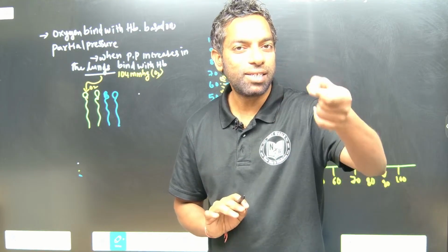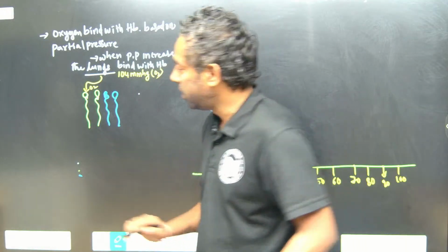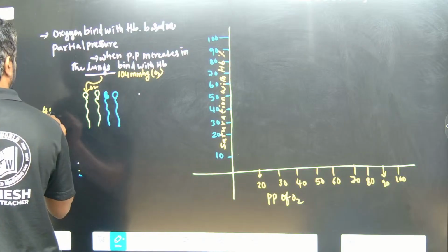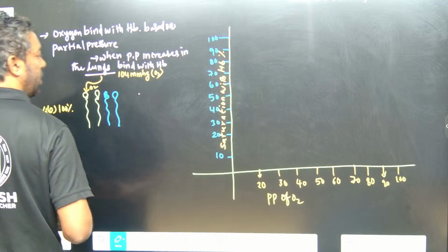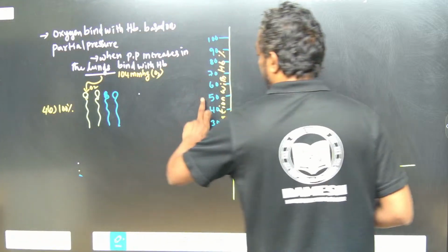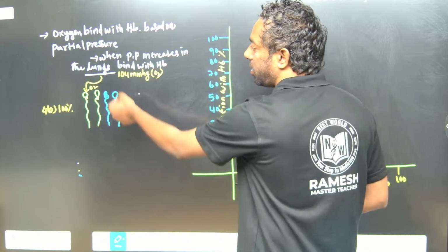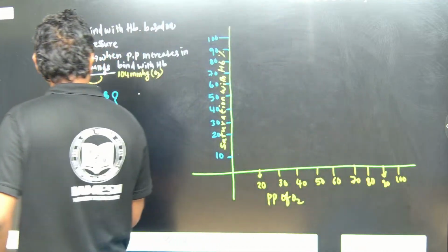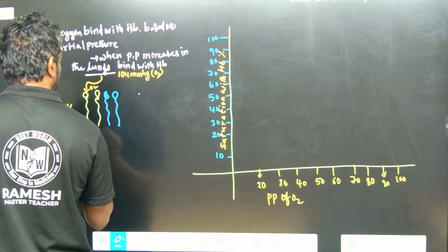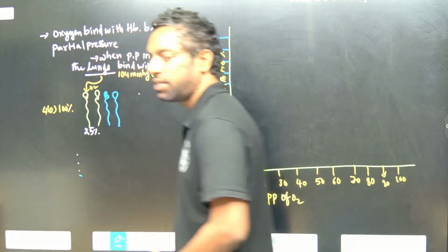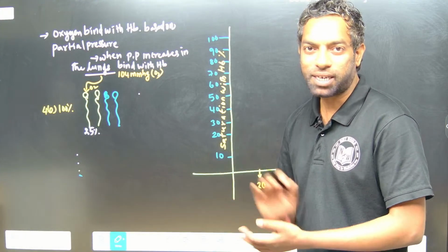If all 4 oxygen molecules attach, it is 100% saturation. If one oxygen is attached to one part, it is 25% saturated, irrespective of partial pressure.